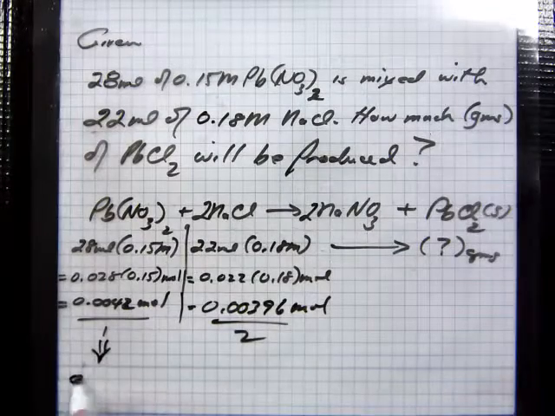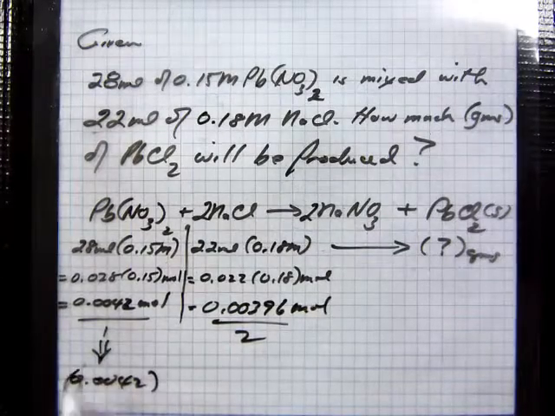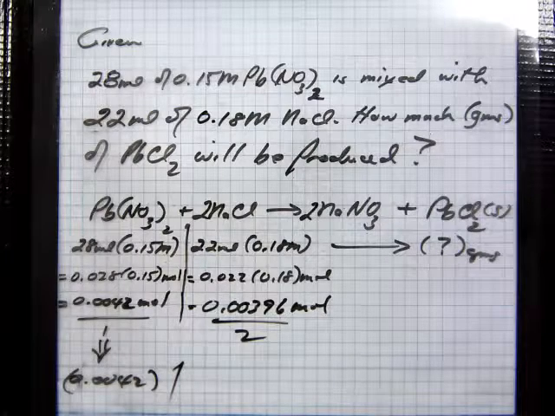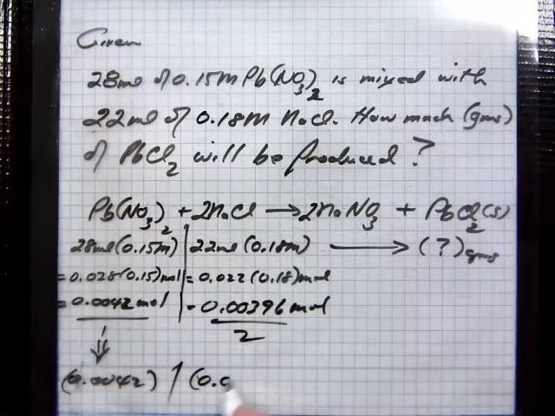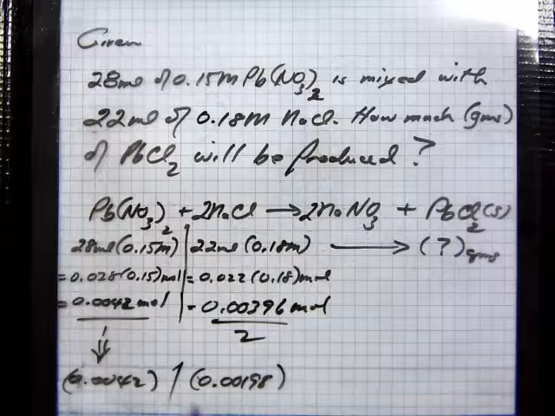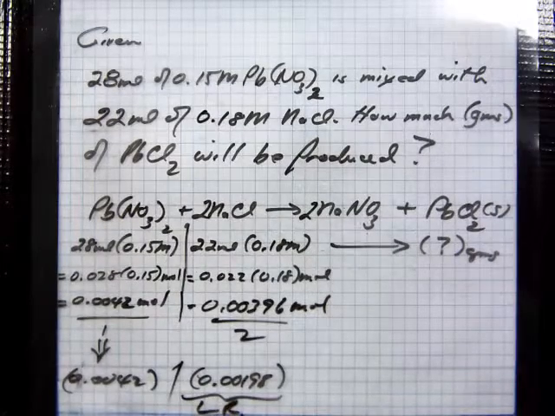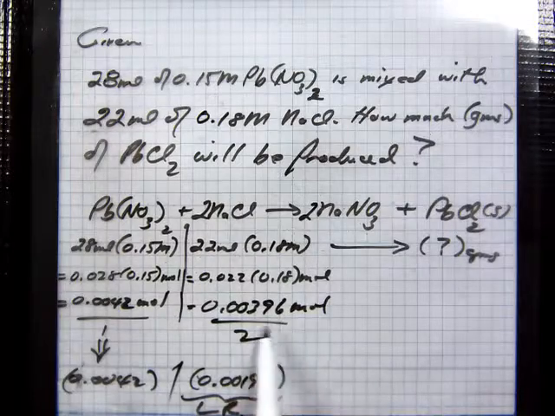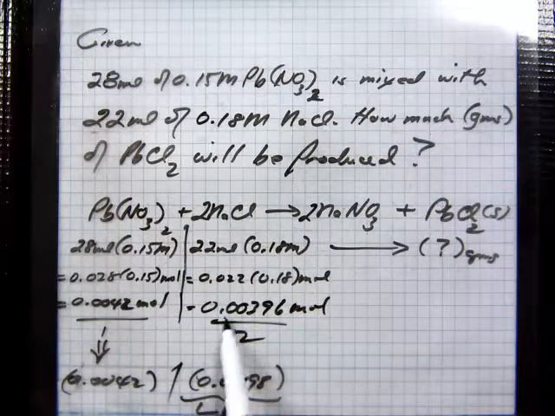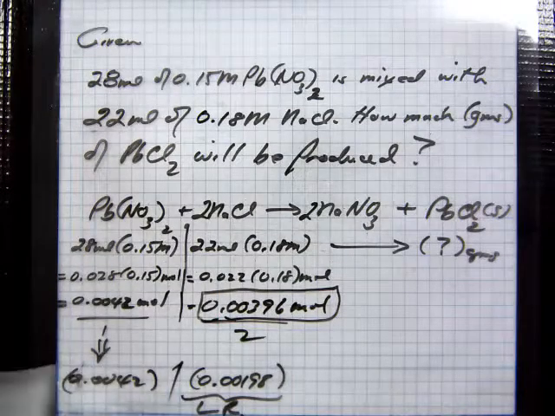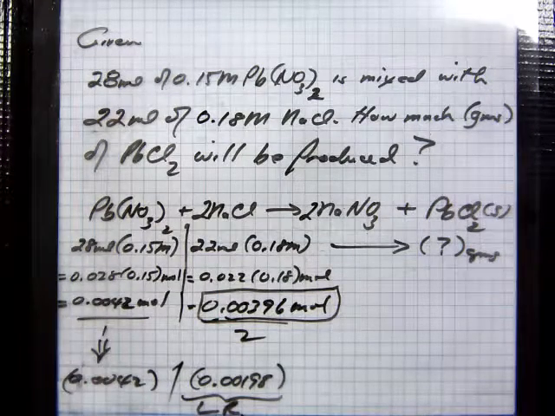This gives me 0.0042 against 0.00396 divided by 2, 0.00198. So that's the limiting reagent here, the smaller number. But we have to work it from this number right here. And this one's going to wind up in excess, but that's not part of the problem.